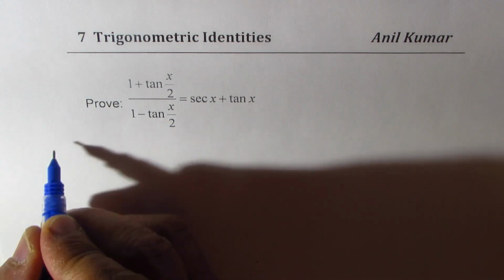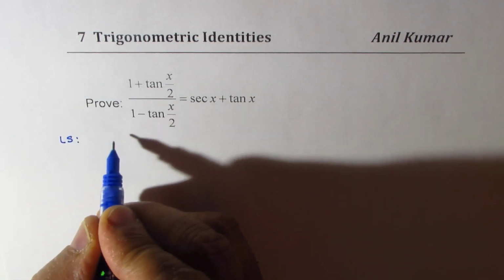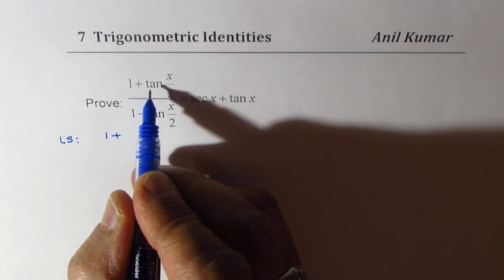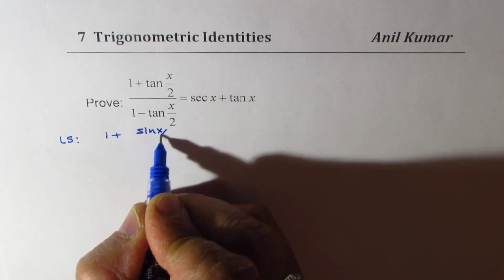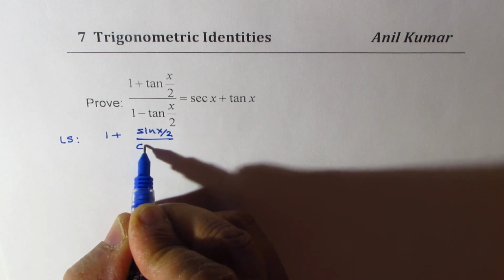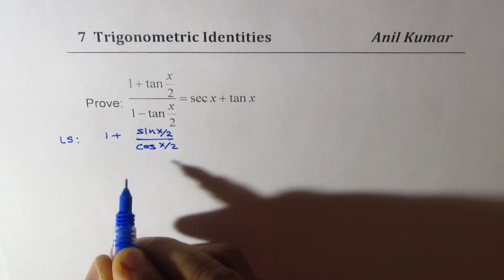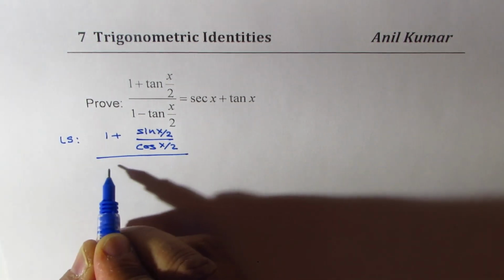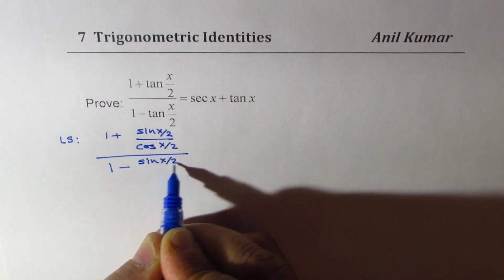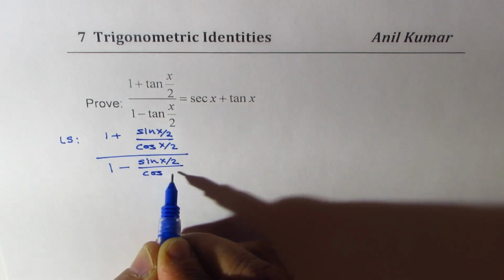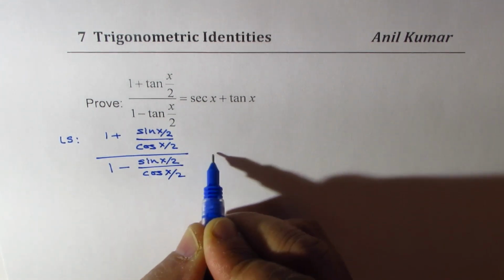Now we'll begin from the left side again. So on the left side we have 1 plus tan x over 2. So I'll write this as sine x over 2 over cosine x over 2. Similarly in the denominator, I'm going to write this as 1 minus sine x over 2 over cos x over 2.